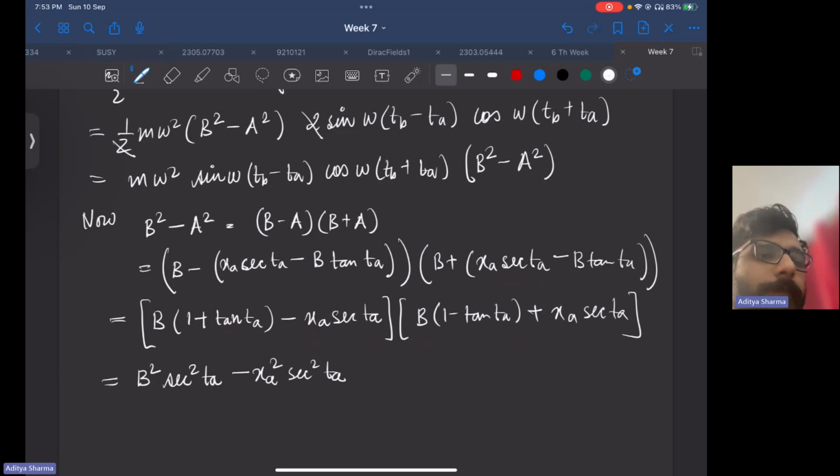These two terms are going to come, and 1 minus tan square, sin by cos, oh, 1 plus tan square is this.